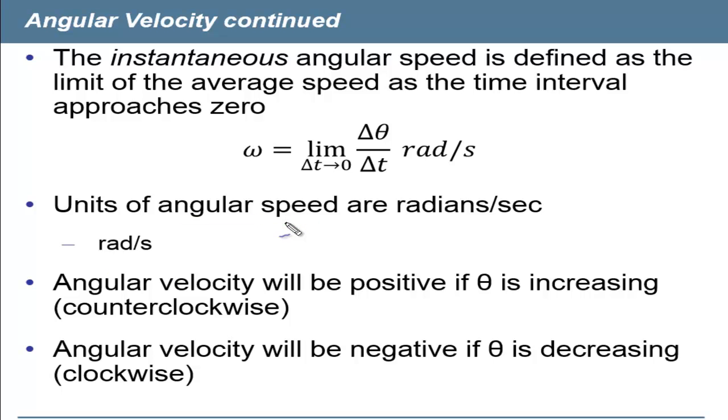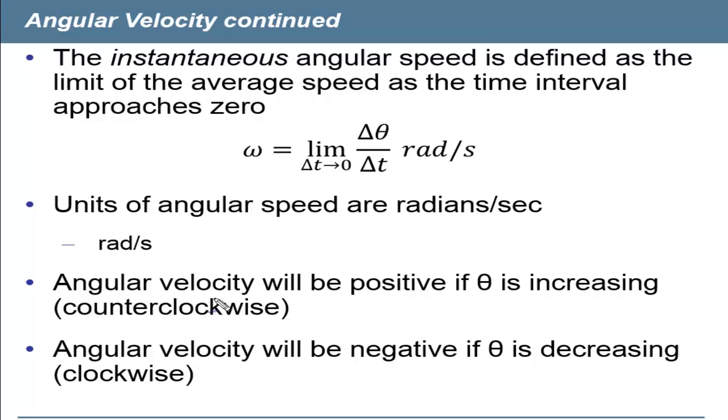The sign convention for angular velocity is the same sign convention that we use for the angle itself, because after all, time does not have a sign associated with it. Time is always positive and increasing. And then for delta theta, we said that an angle moving clockwise is negative and an angle moving counterclockwise would be positive.